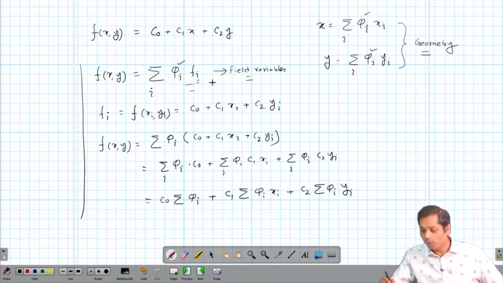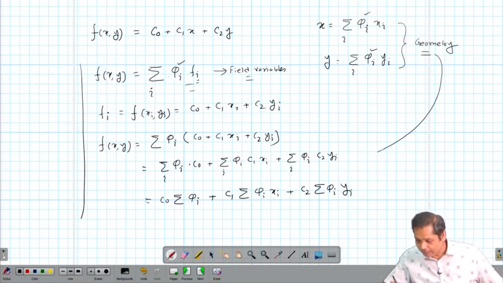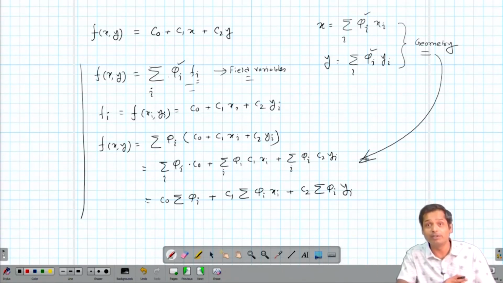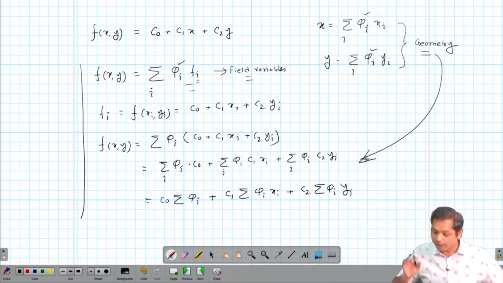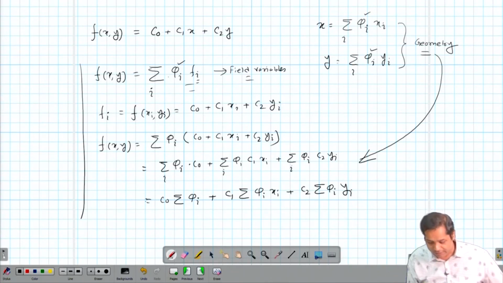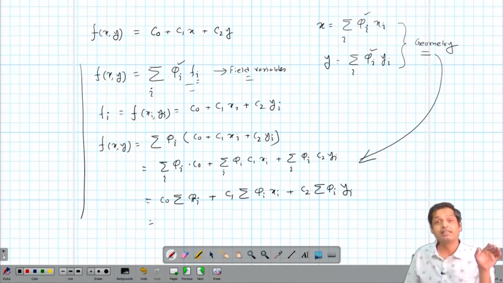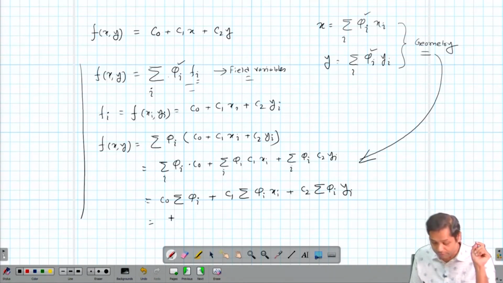Now what we'll do is put this information in this equation. When we put this information in this equation, only then does our formulation become isoparametric, right? Now when you put this information here, phi I is a partition of unity, it satisfies partition of unity, which means the summation of phi over all I should give you 1. So this is C0.